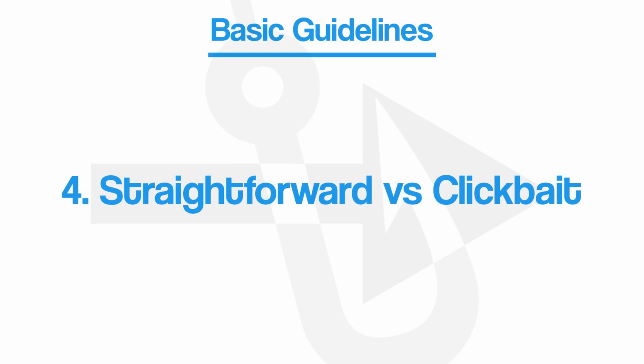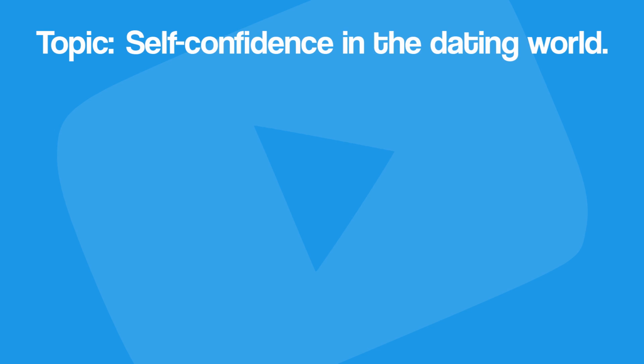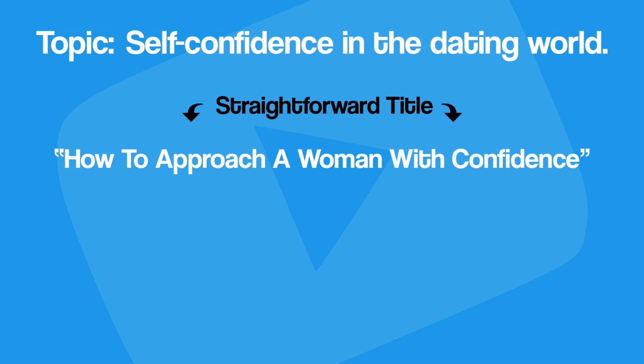Guideline number 4. Straightforward titles versus clickbait titles. We have 2 main directions we can go with our video titles. We can be to the point with our video title, or we can tease what's in the video to get the viewers curious. A great example of this would be choosing a title for a video about self-confidence in the dating world. You could title your video something like, "How to Approach a Woman with Confidence."